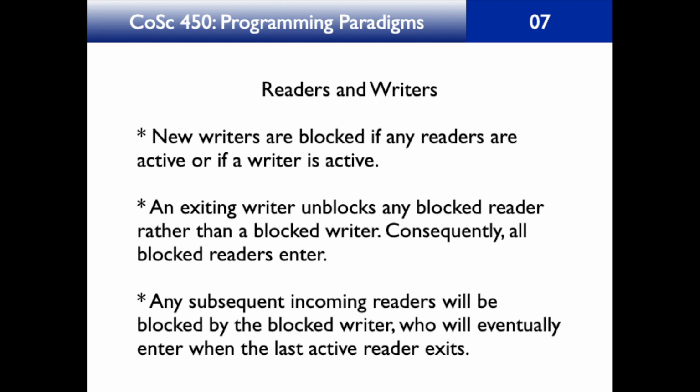So this is kind of like a cascading effect. If there's a number of readers that are blocked and a writer exits, what happens is that all the readers that are blocked, they all come into the database. So let's see if the code reflects that. We say an existing writer unblocks any blocked reader. So we need to look at what happens when a writer ends write.